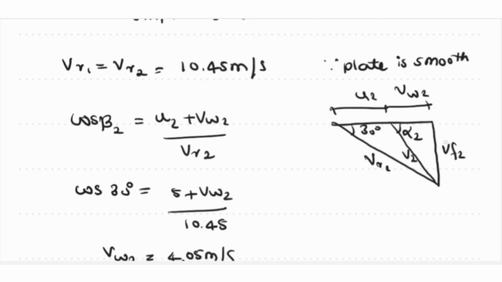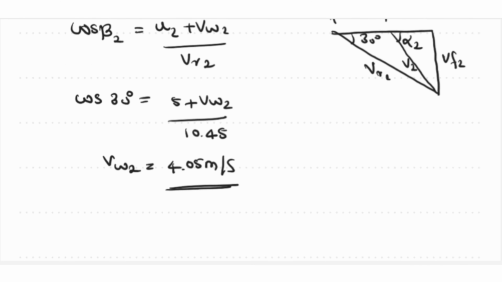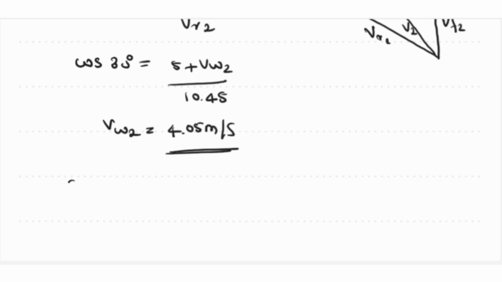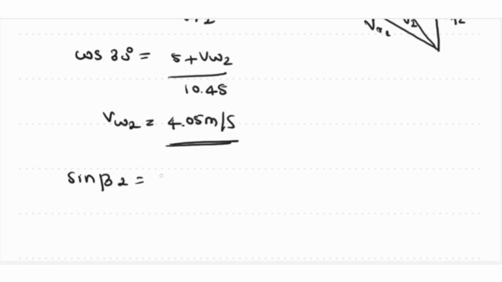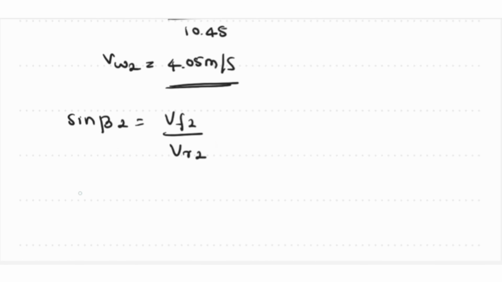In order to calculate Vf2, I will apply sine beta 2 to the triangle. So sine of beta 2 is equal to opposite, which is Vf2, and hypotenuse is Vr2. So Vf2 is equal to Vr2 sine of beta 2.